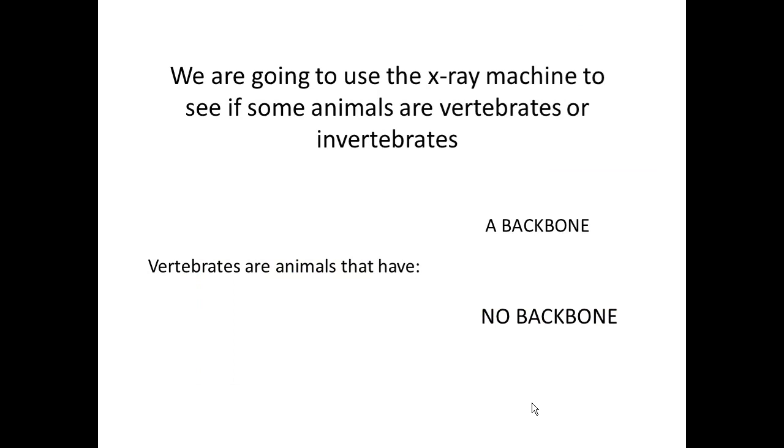So now we are going to use an X-ray machine to see if some animals are vertebrates or invertebrates. You need to remember that if it is a vertebrate, it means that it has a backbone.